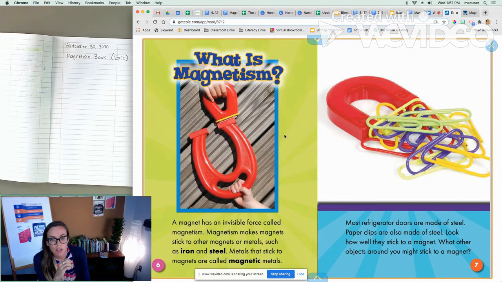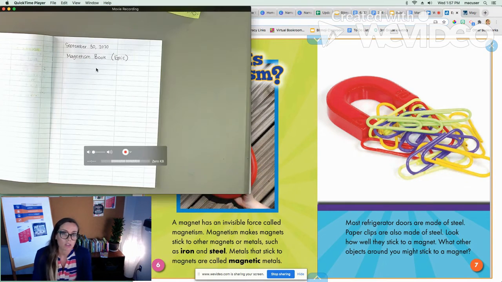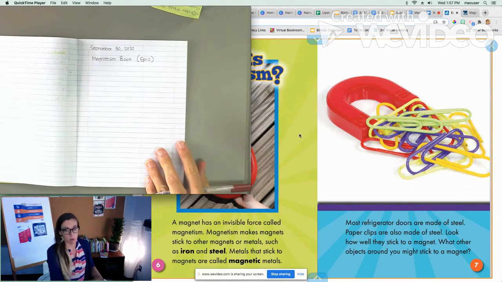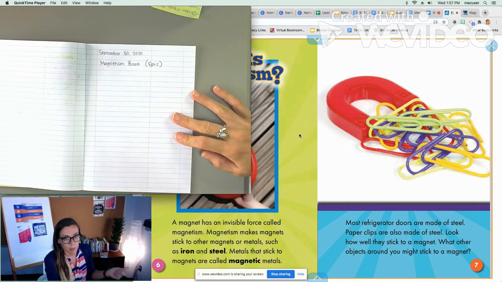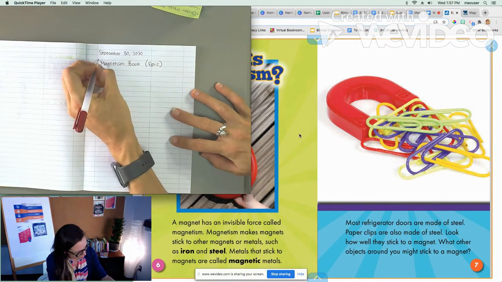Metals that stick to magnets are called magnetic metals. Most refrigerator doors are made of steel. Paper clips are also made of steel. Look how well they stick to a magnet. What other objects around you might stick to a magnet? Okay, so there's a few important details that I want to pull out of that, and I'm going to write them in my notes.